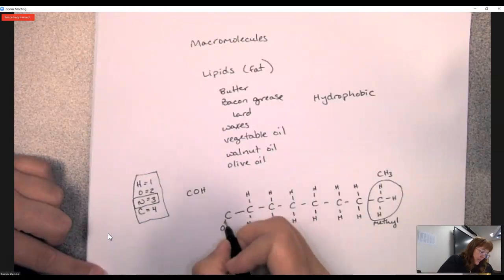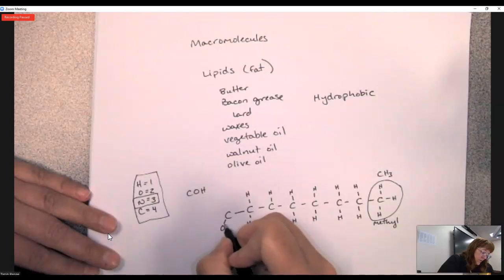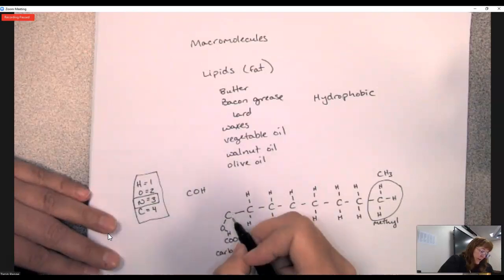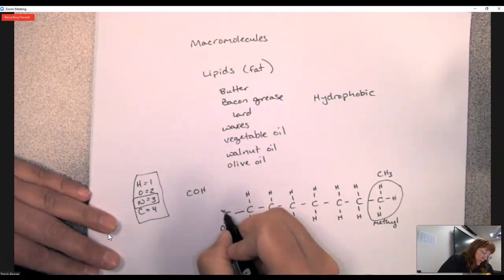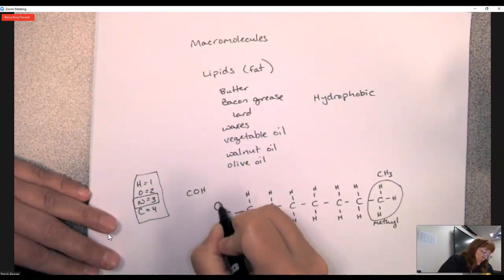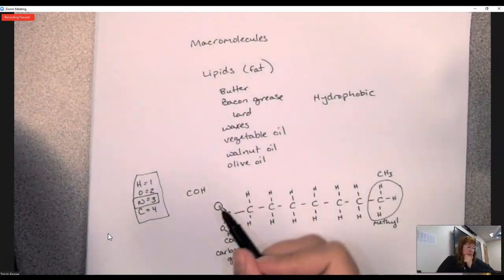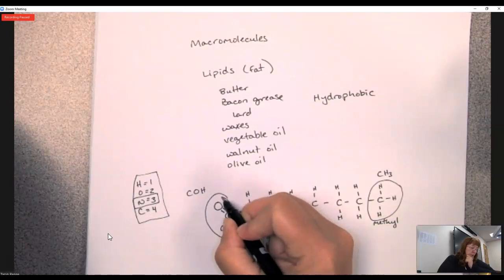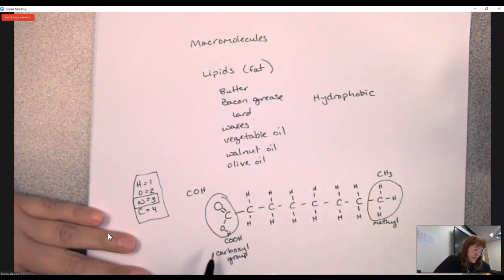So we'll have OH down here. And so if we count, the oxygen then has two bonds off of it. And carbon needed 4. So then we're going to have 1, 2, 3, 4. We're going to have a double bond down here. So that's how we make the COOH. So this carboxyl group down here, however you wanted to draw it, is COOH.